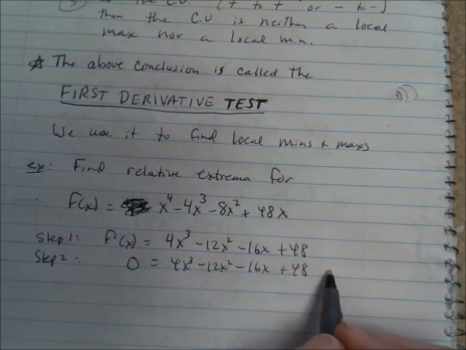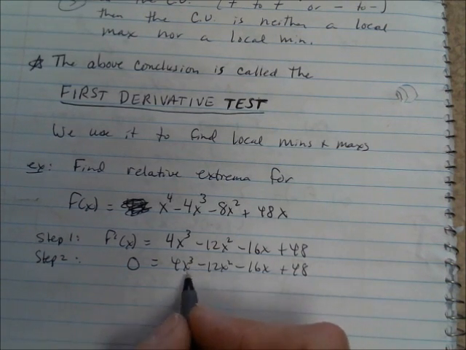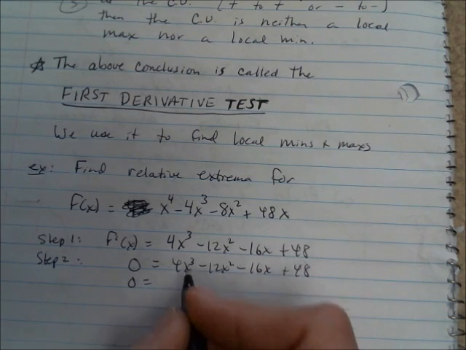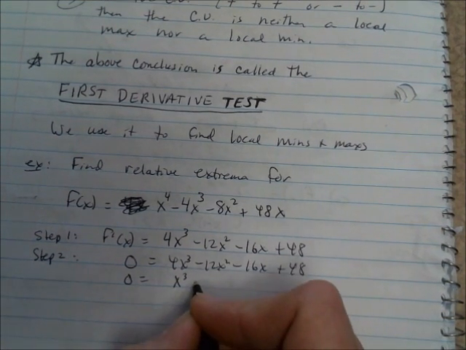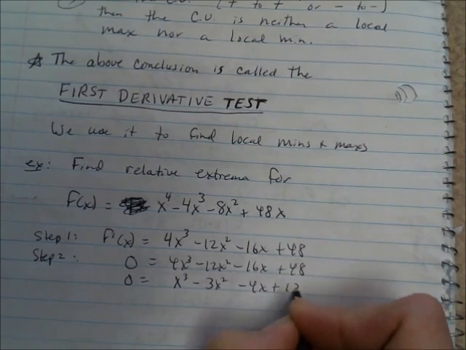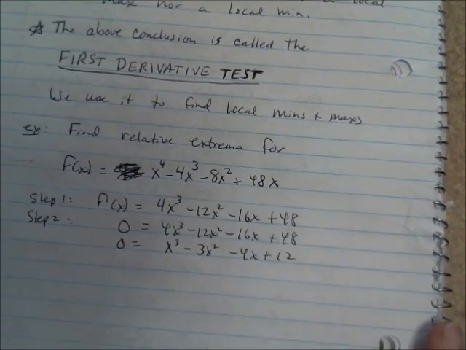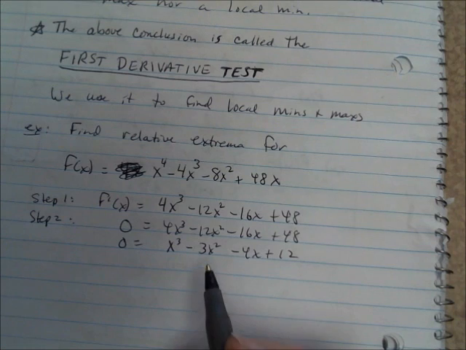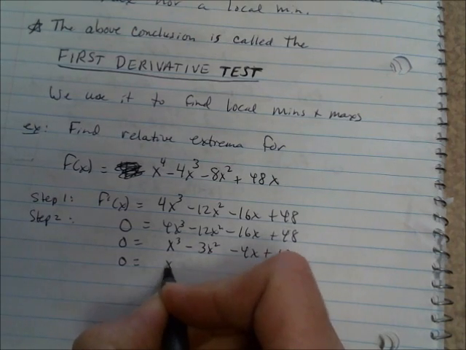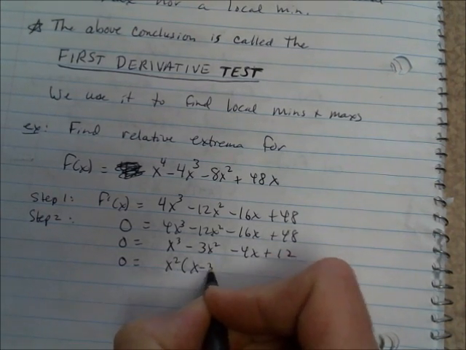So one thing that you can do is divide both sides by 4, because each one of these terms is divisible by 4, so that becomes x cubed minus 3x squared minus 4x plus 12. And this is a factorable polynomial. The factor by grouping would be taking out an x squared, you're left with an x minus 3.